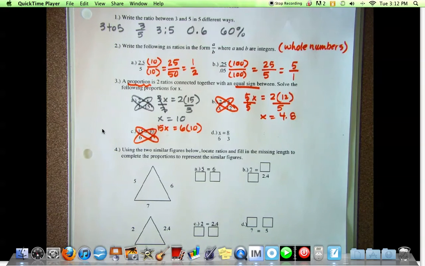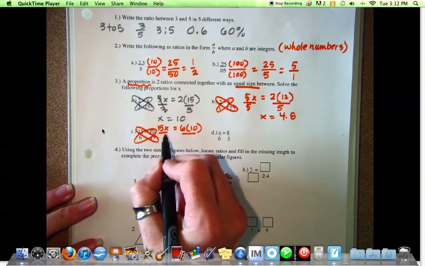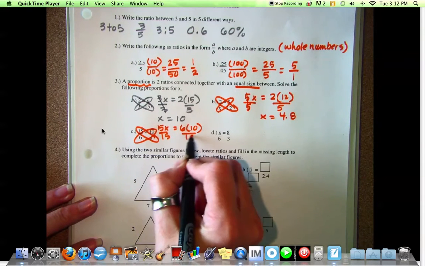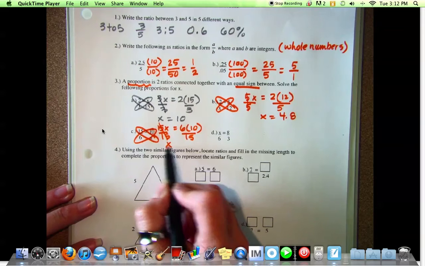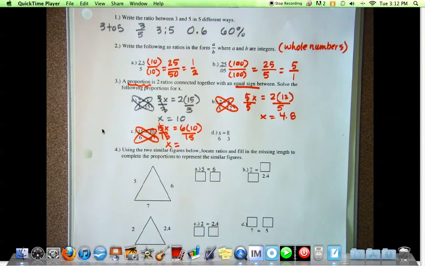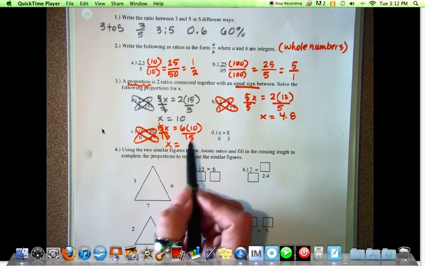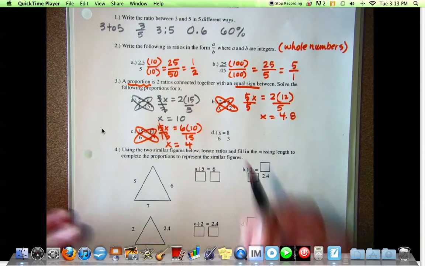You want to get the x by itself, so you're going to divide both sides by 15. 15's cancel. X equals 6 times 10, which is 60, divided by 15. That gives you 4.